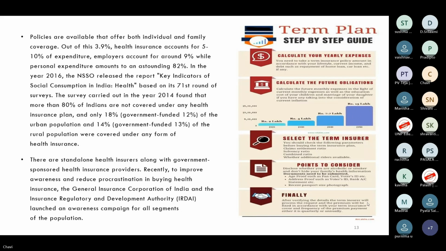Only 18% of the urban population and 14% of the rural population are covered under any form of health insurance. The General Insurance Corporation of India and the Insurance Regulatory and Development Authority launched an awareness campaign for all segments of the population.